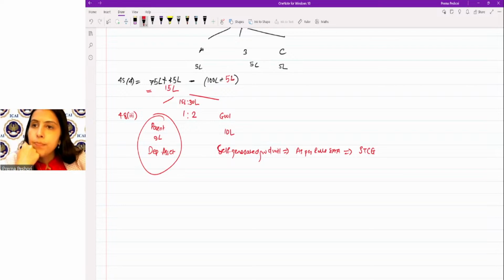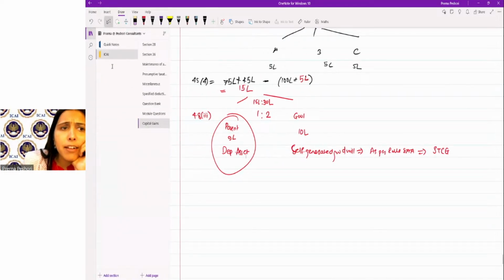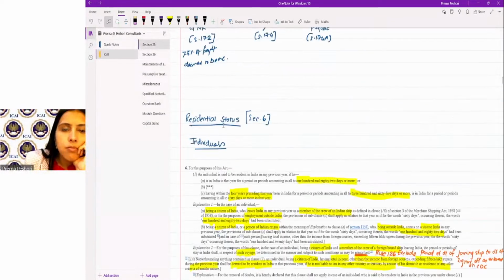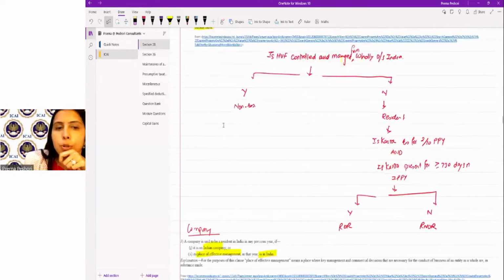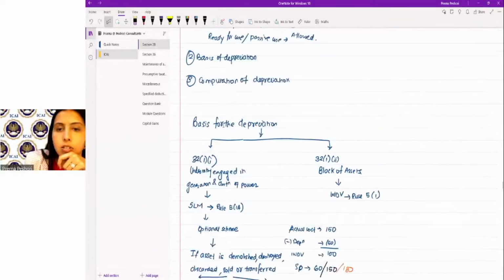You forgot. Let's go back to our PGBP chapter. See, this is why I'm telling you, revise your DT daily. You're not remembering. What is the computation of capital gain for a depreciable asset?